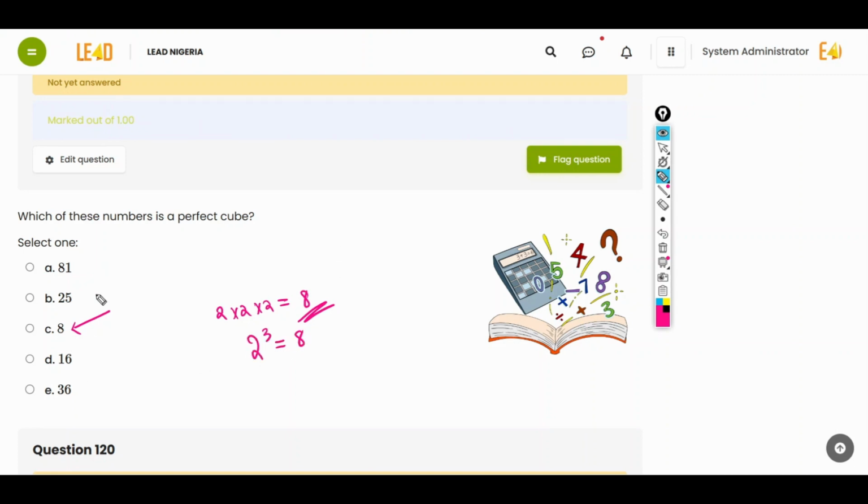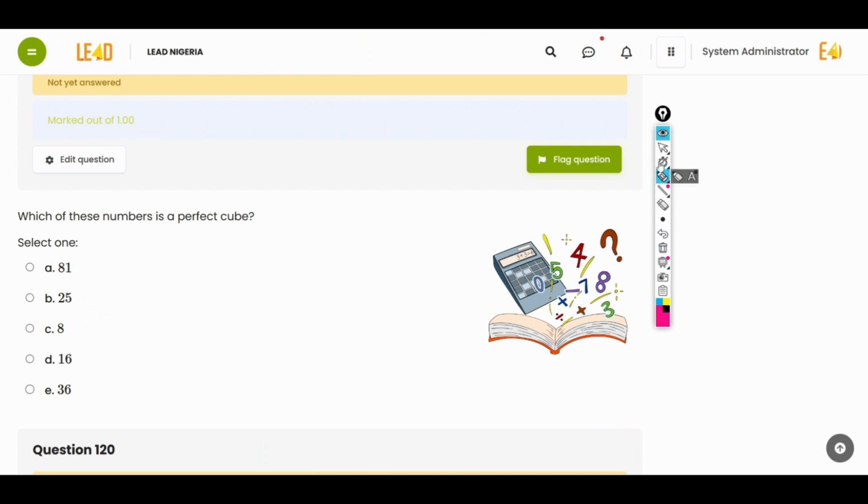But that doesn't hold for the rest of them. I mean, 81 is a square, so you could say that's 9 squared. 25 is a square also, that's 5 squared. 16 is a square, that's 4 squared, and then 36 is a square, that's 6 squared. But 8 is a cube. 2 times 2 times 2, which is 8, gives a perfect cube there.